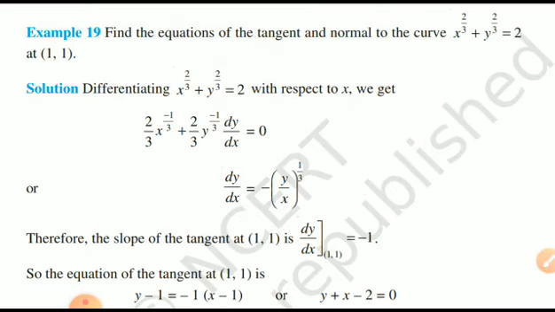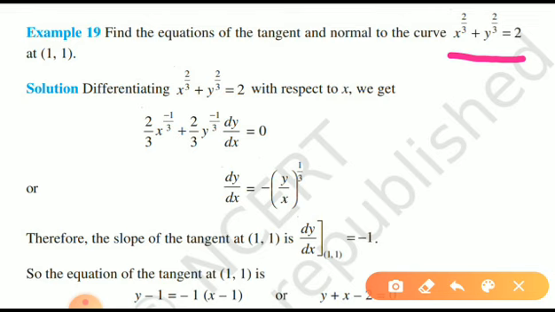Now see the next one. Find the equation of the tangent and the normal to the curve x raised to 2 by 3 plus y raised to 2 by 3 equal to 2 at the point 1, 1. So we have been given the equation of the curve and the point 1, 1.